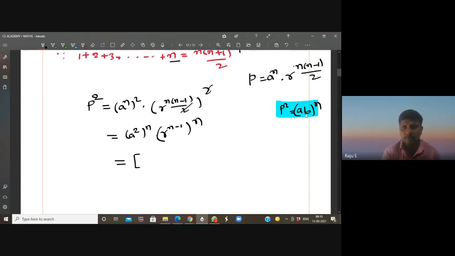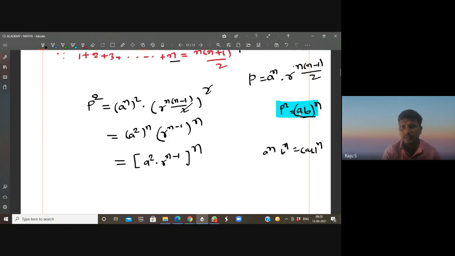You want to find AB separately, and after that take the whole power. It is your wish. This is also easy because we know very well that A power n, B power n can be written as AB whole power n. So this can be written as A square into R power n minus 1 whole power n.